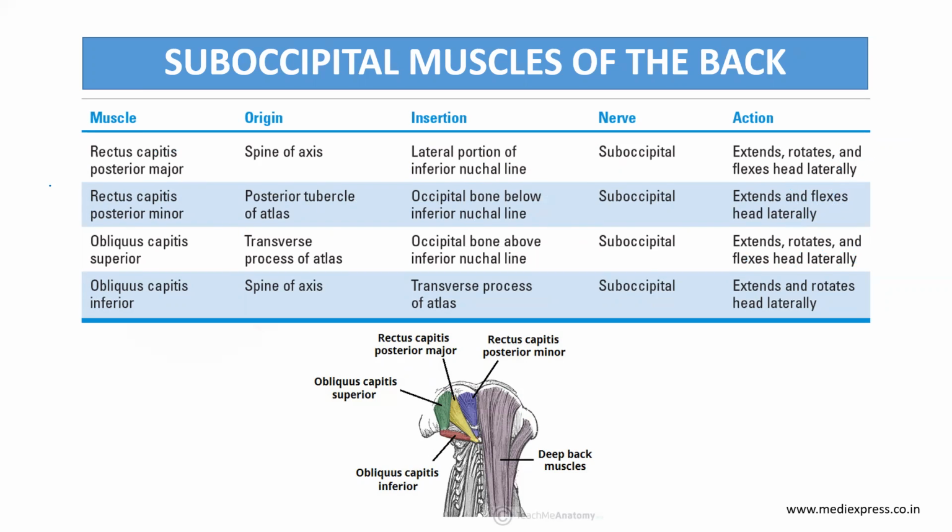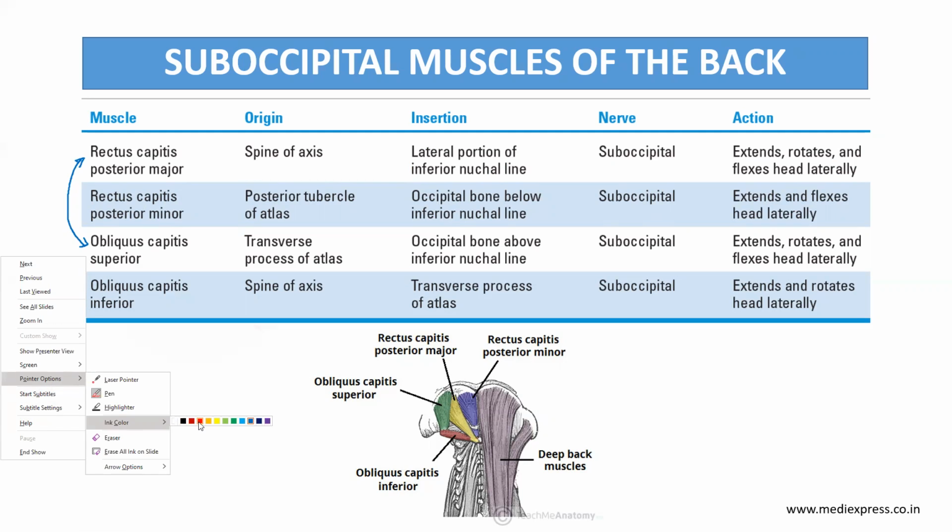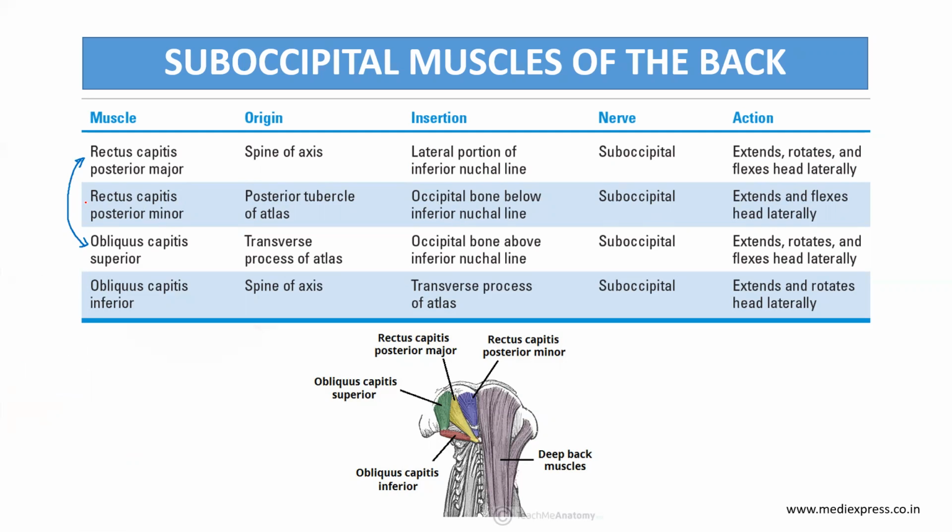So the rectus capitis posterior major and obliquus capitis superior have the same action, whereas rectus capitis posterior minor and obliquus capitis inferior have the same action. If you remember only two actions, that will be fine. Major and superior have the same action, minor and inferior have the same action. And the nerve innervation is by the suboccipital nerves. This is very important to know.